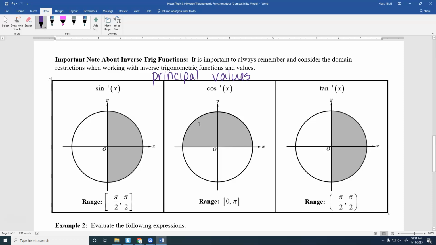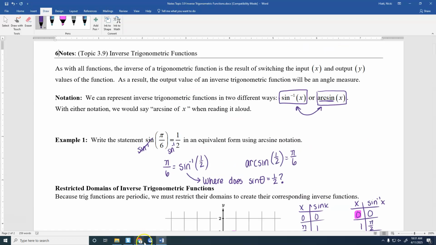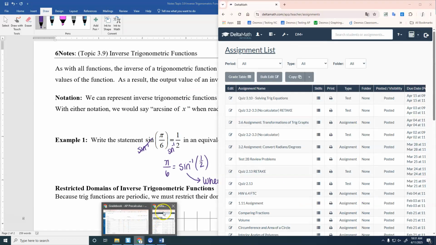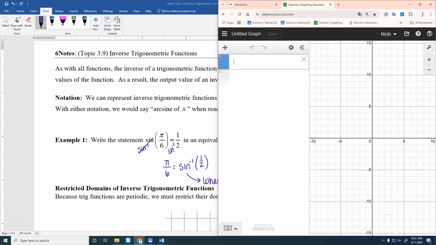Now, we're not going to get out our calculators, but your calculator automatically does this. Whether it's Desmos or the actual graphing calculator, if I type in cosine inverse of 1, I get 0.